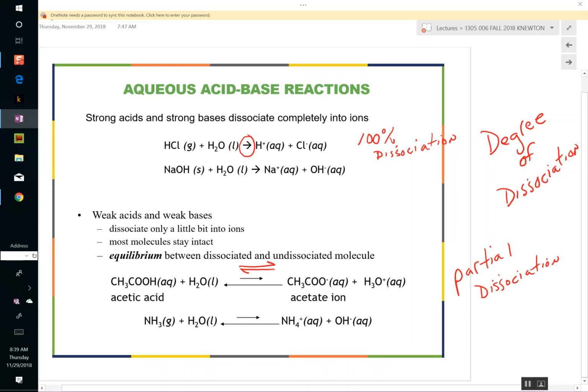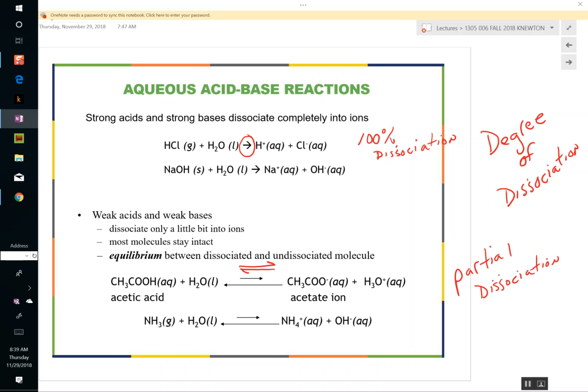So if you bubble HCl gas into water, you don't have any HCl molecules left. They all dissociate and they form hydrogen ion and chloride ion. Completely dissociates.